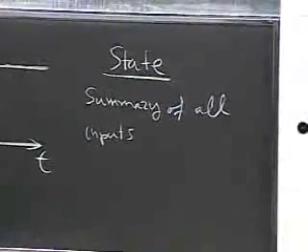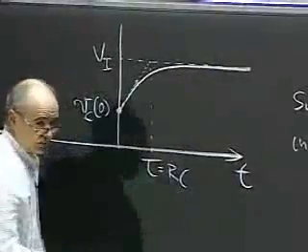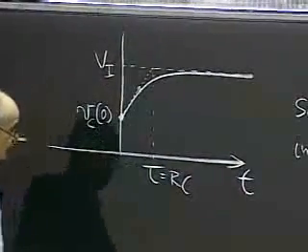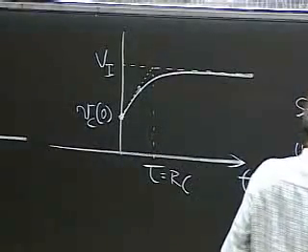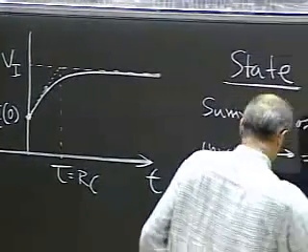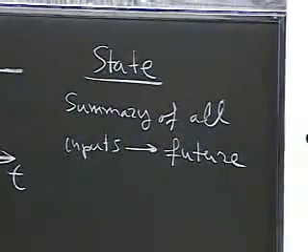If I know the state of the capacitor at this time, I can predict where it's going to go, given a response Vi in the future. So it predicts the future.